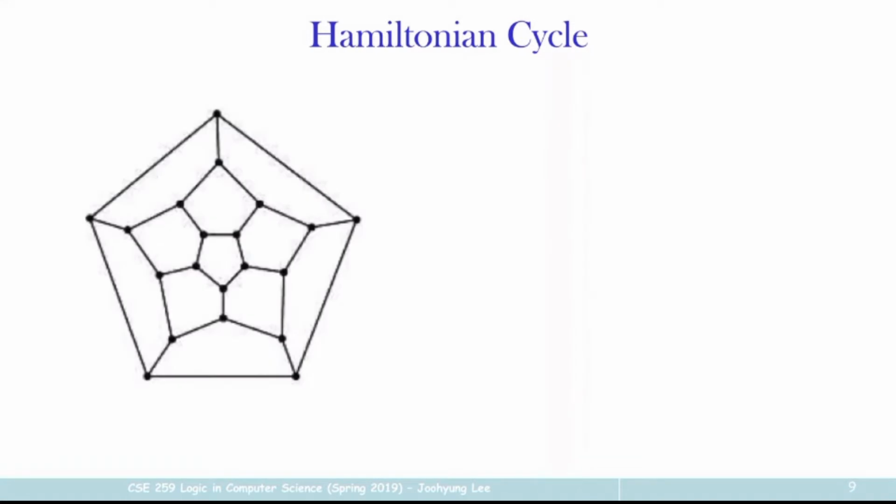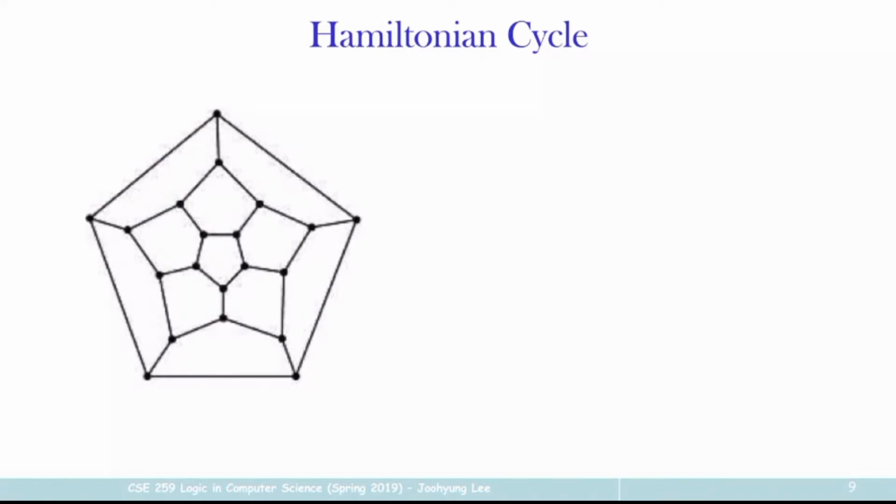All right, so the next one is called the Hamiltonian Cycle problem. What that means is you are given a graph, and you have to visit all the vertices, but you shouldn't visit the same vertex again, and you have to go through all the vertices. This problem is also known as the traveling salesman problem.